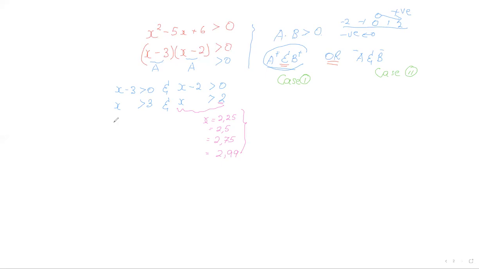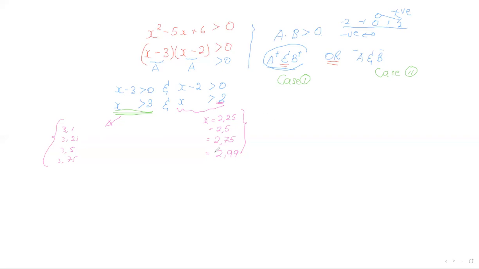So, if you come to this side here, you see any numbers more than 3, it will be 3.1, 3.25, 3.5, 3.75. I hope we agree that all these numbers here are bigger than 2. Therefore, we are going to take this as our solution for this case. Why? Because x is more than 2 is included in x is greater than 3, as I've just shown.